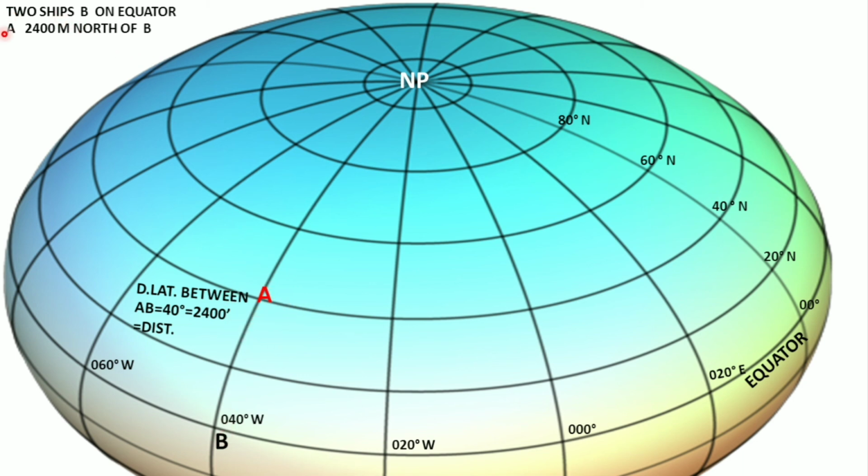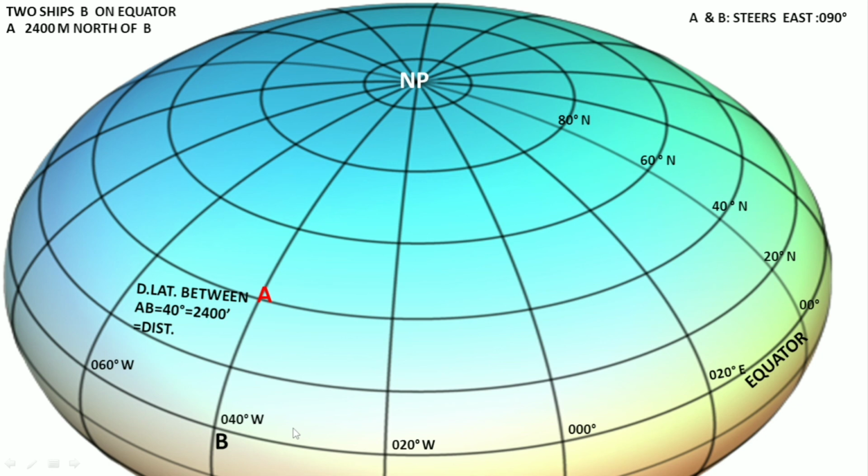And then I've given you that A is 2,400 miles from B. So it is understood that the latitude of A is 40 degrees away from the latitude of B. So if you knew the latitude of B, you can always get the latitude of A by the distance, because they are north and south, on the same meridian. The d lat is the distance also, and the distance is the d lat also.